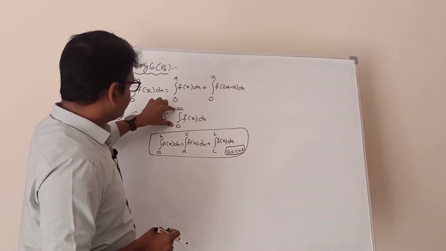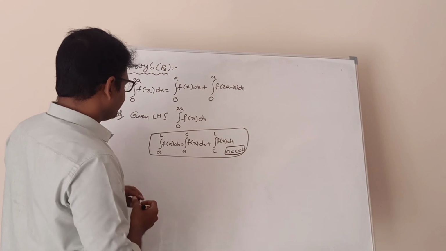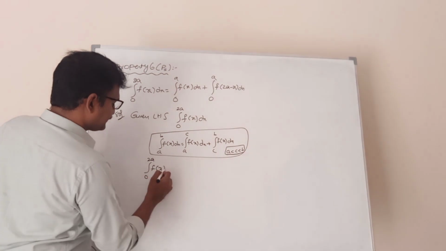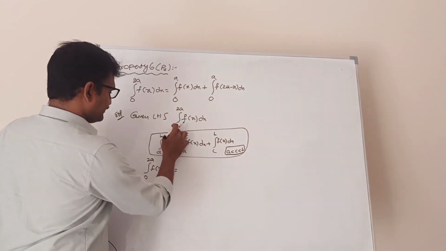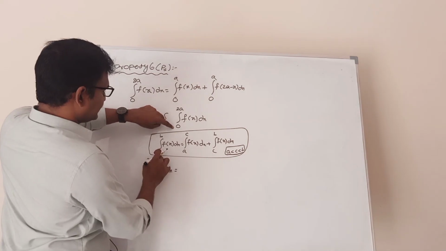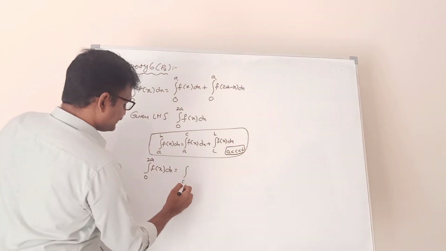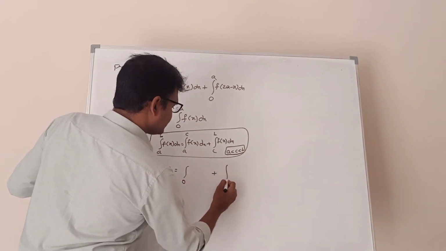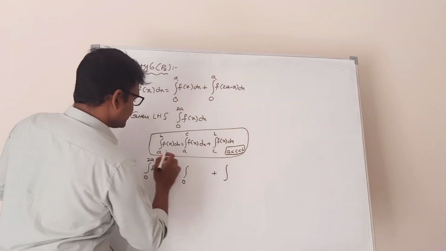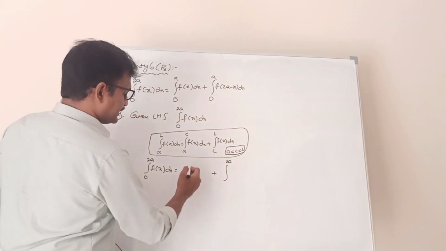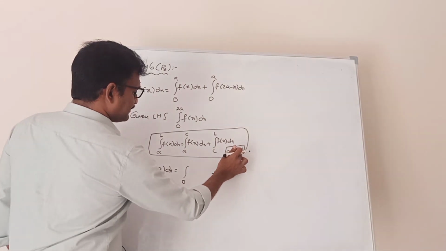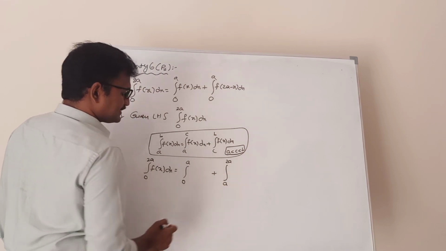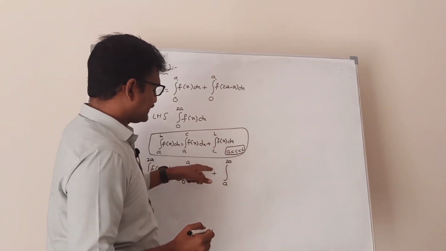So if you observe this 0 to 2a f of x dx, in the place of a we have 0, in the place of b we have 2a. Between a and b we can take c. Similarly between 0 to 2a I am taking a as c. In the place of c I am taking a.